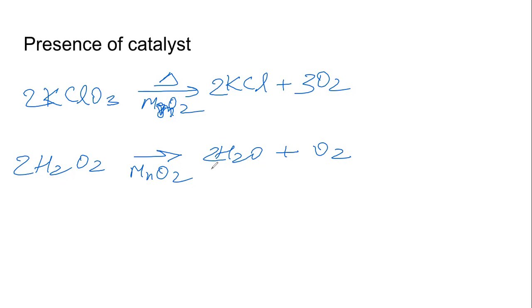So in both these examples, this substance is called catalyst. It is manganese dioxide, and in the other reaction, which we saw on page number 33, the catalyst is nickel. The presence of it makes the reaction faster. याद रखो, the catalyst itself doesn't take part in the reaction.